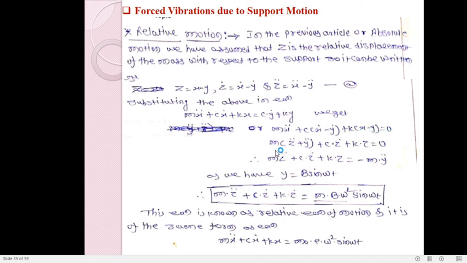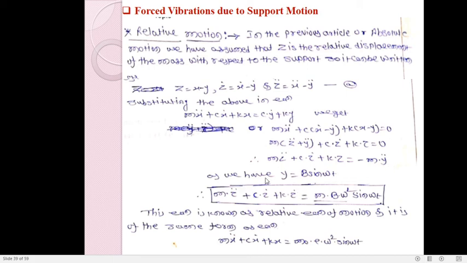So x double dot is z double dot plus y double dot, giving m (z double dot plus y double dot) plus c z dot plus k z is equal to 0. Therefore we get m z double dot plus c z dot plus k z is equal to minus m y double dot.